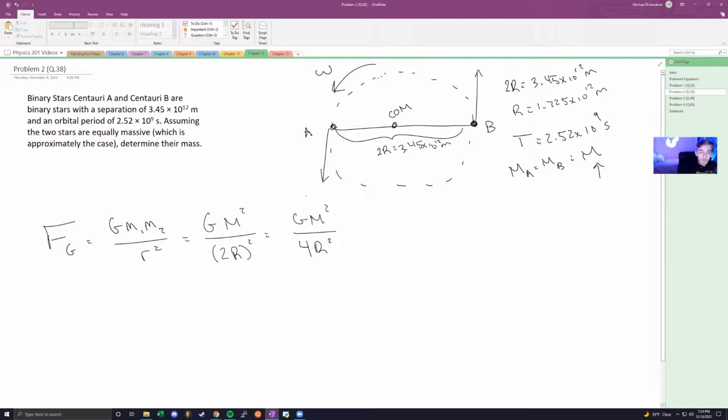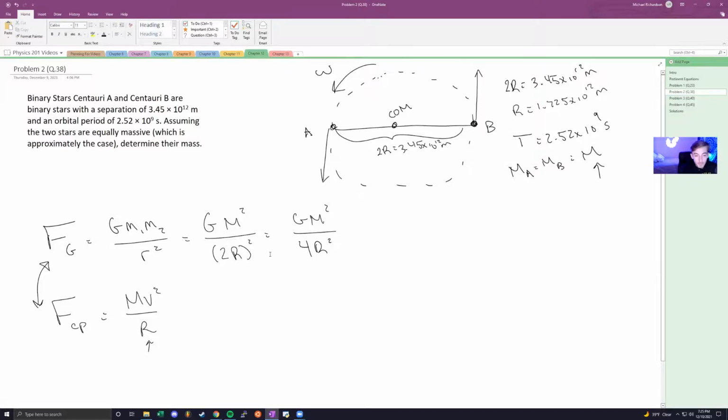So another thing that we know about this system is if we're considering the orbit to be circular, then we're going to have some centripetal force, which we're going to say is mv squared over r. Where this is no longer our separation, this is just the distance from the center of mass. So to be able to find that mass, what we can do is equate the two of these.